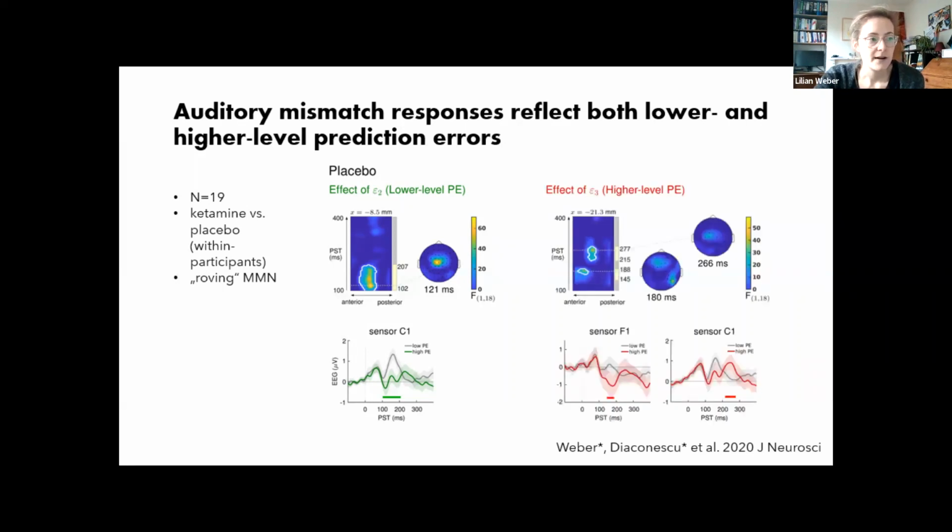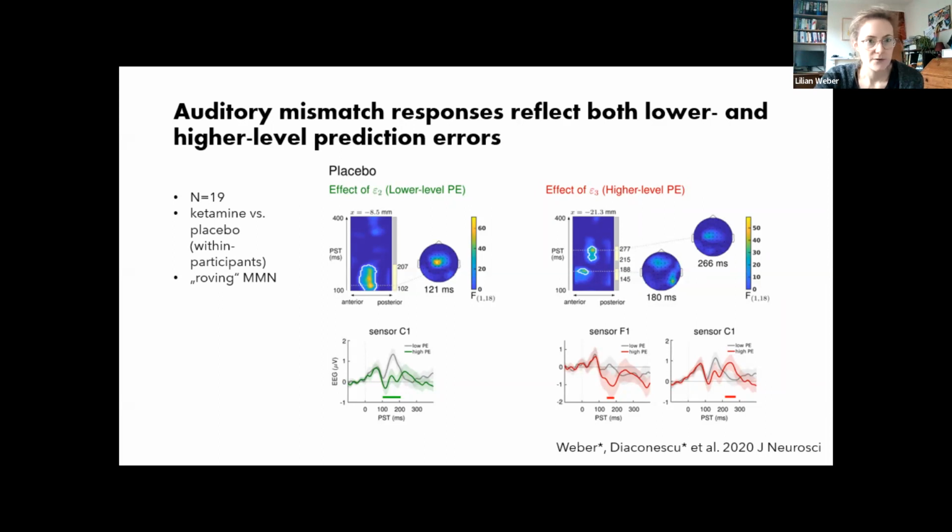And then we found that the high level prediction error also explained variance in the EEG signal, but somewhat later. In particular, this later component between 200 and 300 milliseconds, which is more like the P3a, which is a related but separate component from the MMN itself, where higher prediction errors resulted in more positive EEG responses.